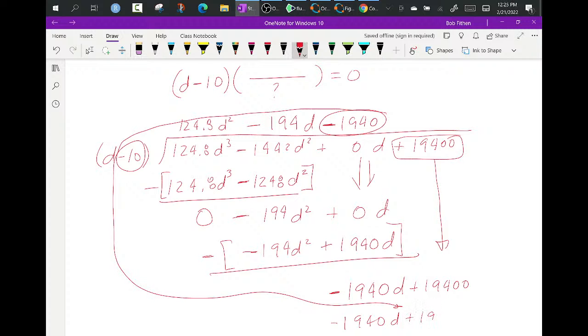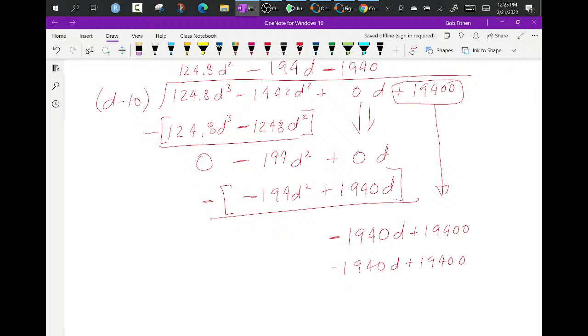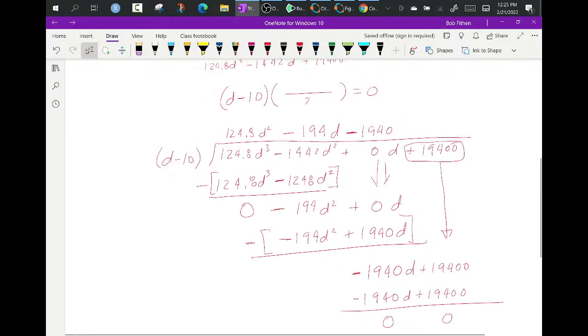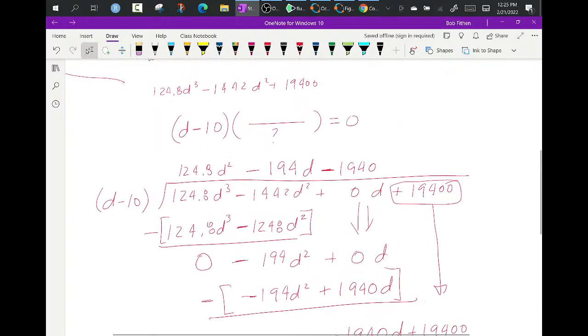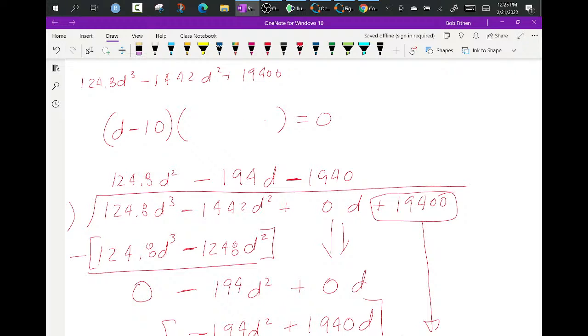It's 19400, and then what I get is nothing and nothing. So now, it goes in right here. Let's see if I can put it in right there. Is it way over?